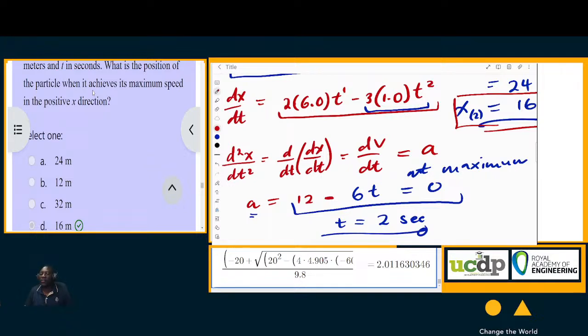If t is 3, you have 18, and 12 minus 18 gives a negative acceleration. So already your maximum is 12. You get the point. Yes, sir. Your maximum acceleration is 12.